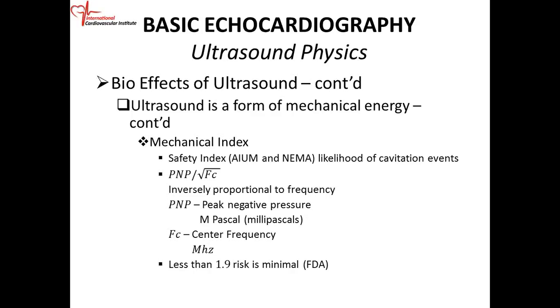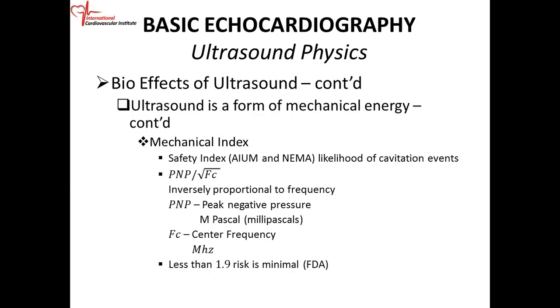So the FDA recommends that you use an MI less than 1.9 because they think that the risk is minimal if you use an MI of less than 1.9. Now, we do microbubbles in ultrasound. We use microbubbles if we do a study and it's not very diagnostic, the images are poor.